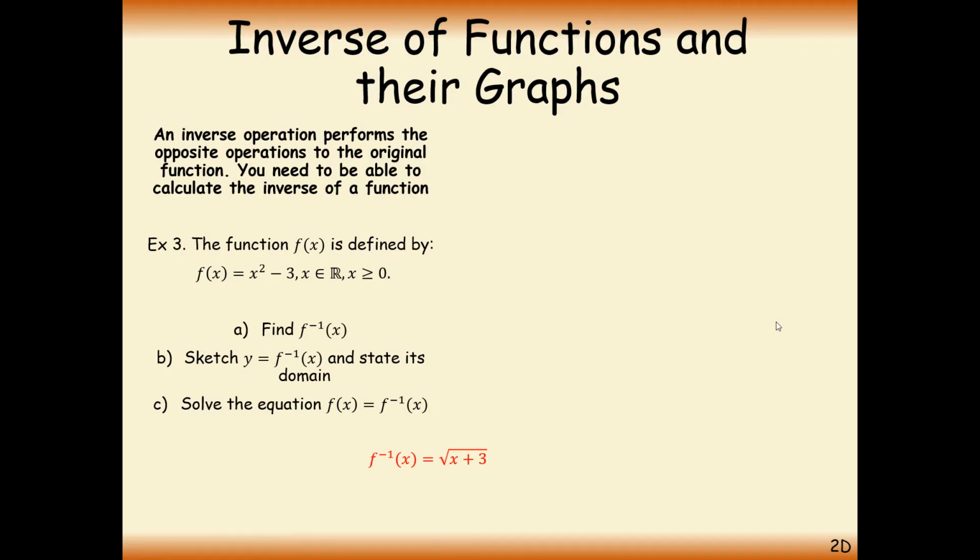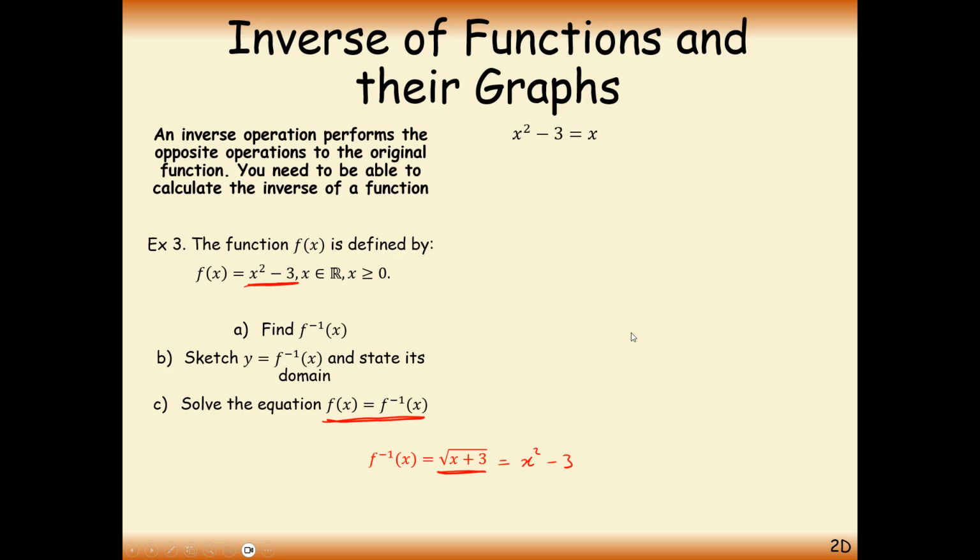Next part, we'll be asked to match the left side and the right side of this. This is f of x being x squared minus 3, and we figured out the inverse of the function is square root of x plus 3. That means we have to write this equal to the original function, x squared minus 3. Okay, so let's see how to do this.